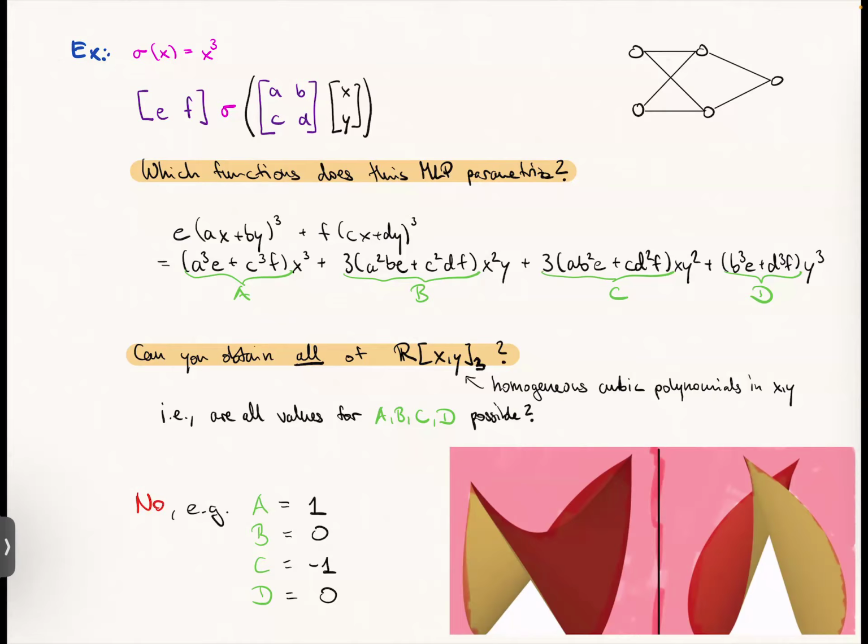After some cancellation, it's more like just 5 parameters mapping to 4, and you actually do get a 4-dimensional thing. But you do not get all of the 4-dimensional ambient space. Here's this beautiful surface, and everything on the red side of the surface is inside your model, and everything on the yellow side is not.